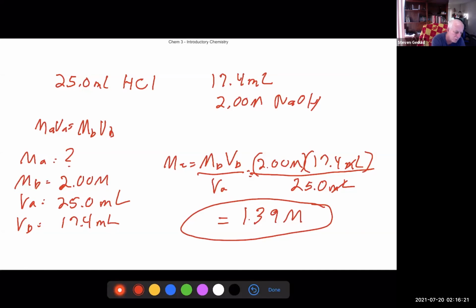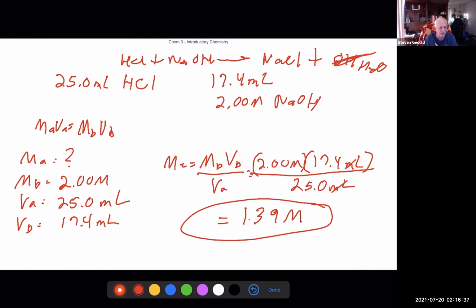In other words, your equation was hydrochloric acid plus sodium hydroxide goes to NaCl plus H2O. Everything's a one-to-one relationship, because it's a balanced chemical equation. Now, if the reaction is different, if 1 mole goes to 2 moles, you've got to account for that because it's a balanced equation as you're titrating it.